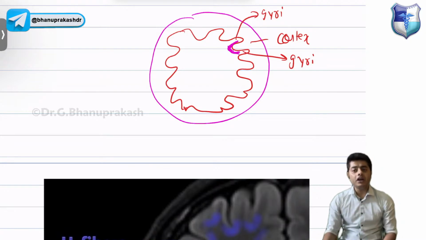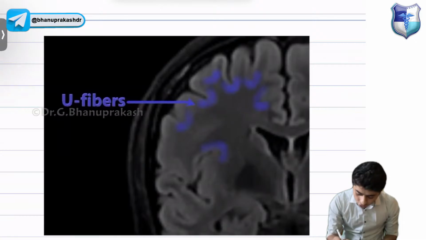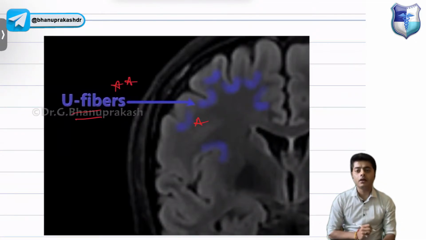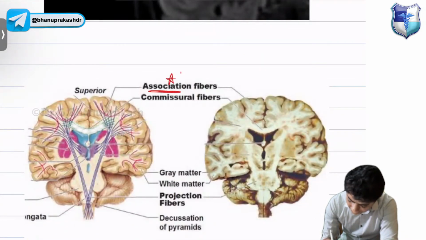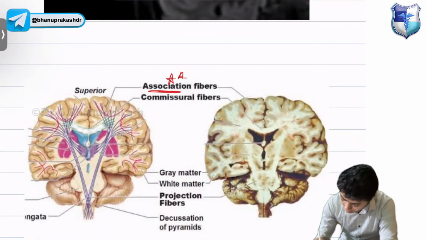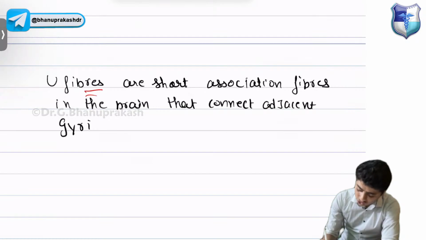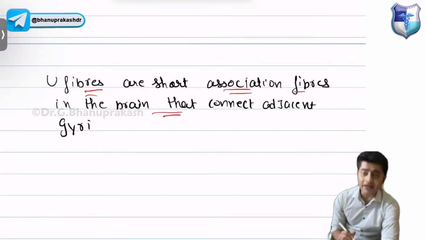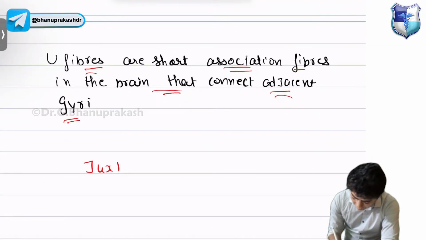That's why we give the name U fiber. So see, these are your U fibers. So U fibers are short association fibers in the brain that connect adjacent gyri.